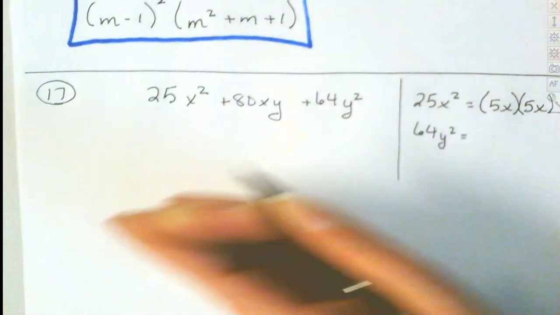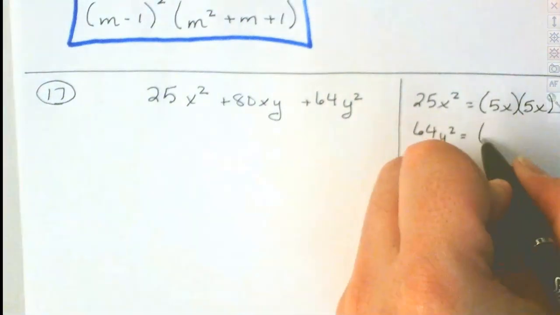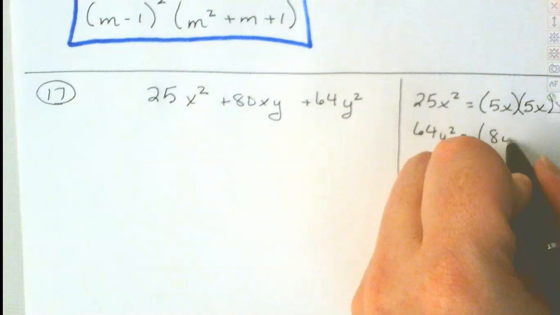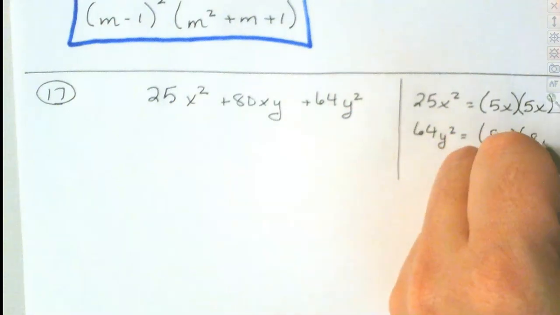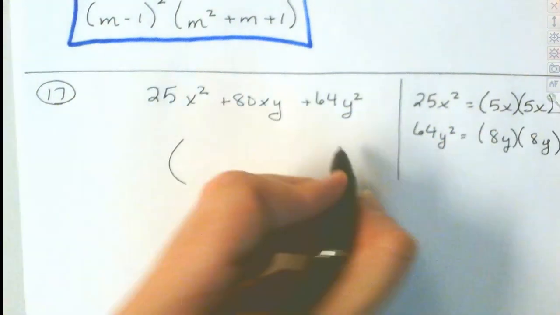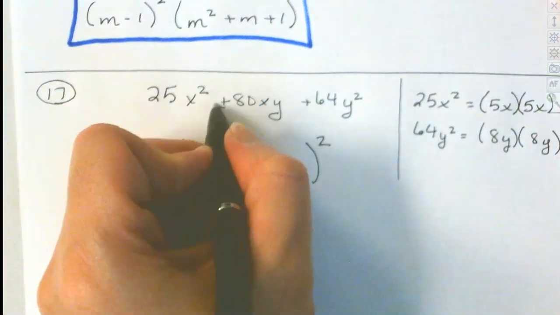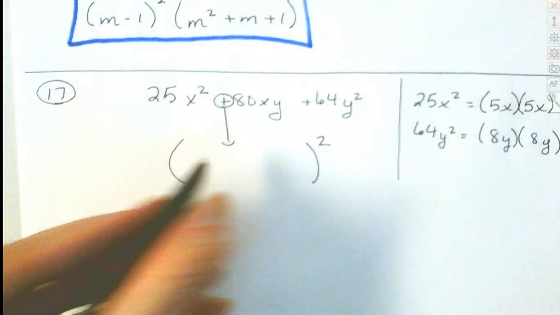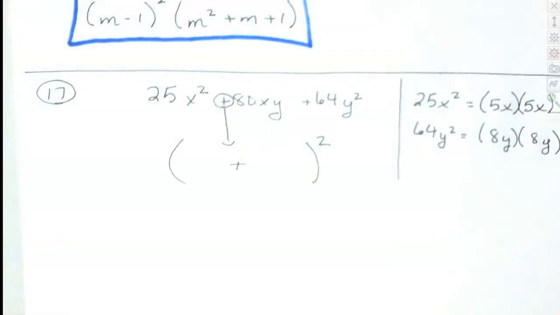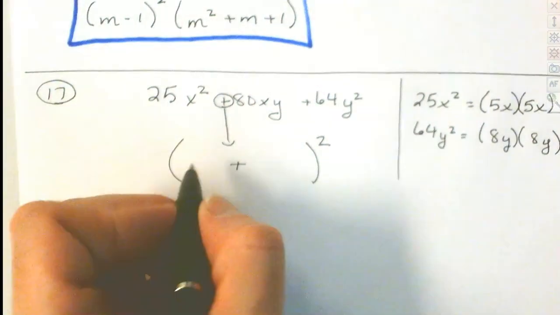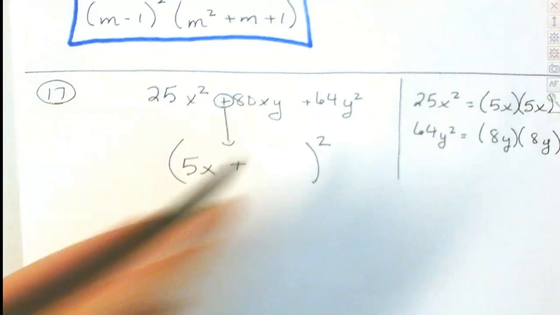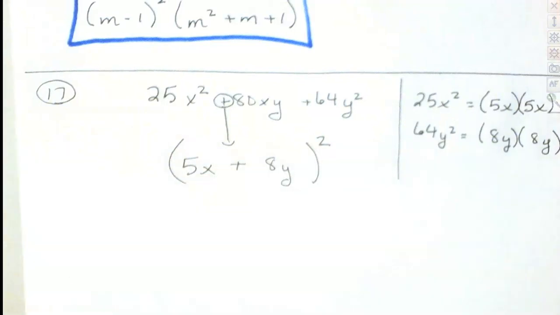64y squared. 64 is a perfect square of 8. So it's 8y and 8y. So this is what's called, again, a perfect square trinomial. You bring down your positive, because that's in the middle. And what do we have? 5x and 8y.